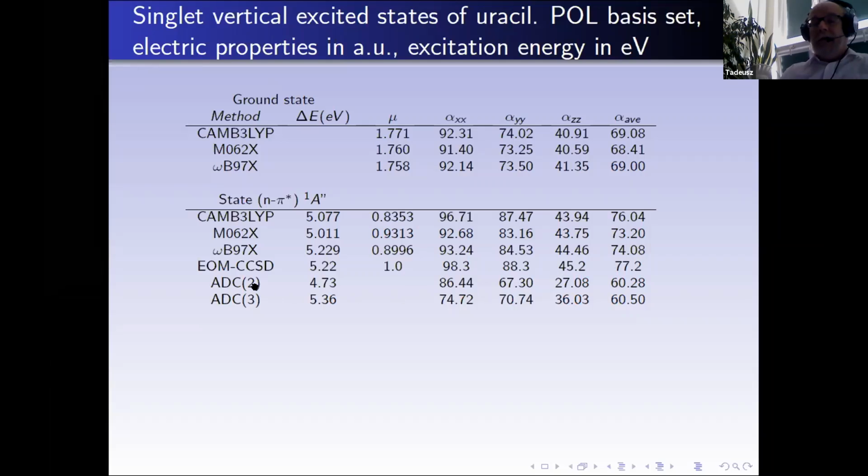And if we take a look at these ADC results, which come in two models, ADC2 and ADC3, these models differ in their answers. Obviously, this ZZ component, which physically describes pi electrons, looks too small.